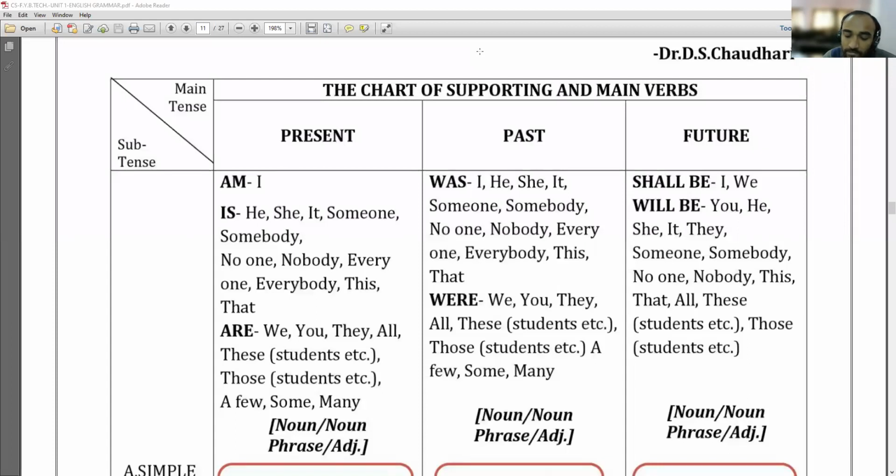Then complete the table of personal pronouns. I have already told you that there will be a question on personal pronouns also. Then rewrite using the correct form of verb. So you can use any appropriate tense for rewriting that verb or the correct form of that verb. That also we have conducted.